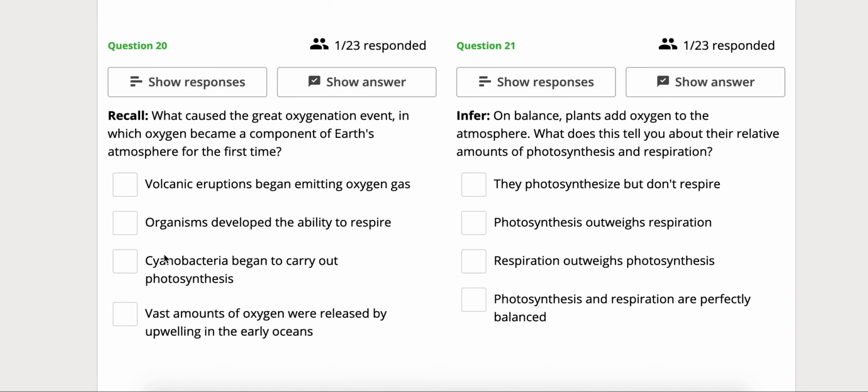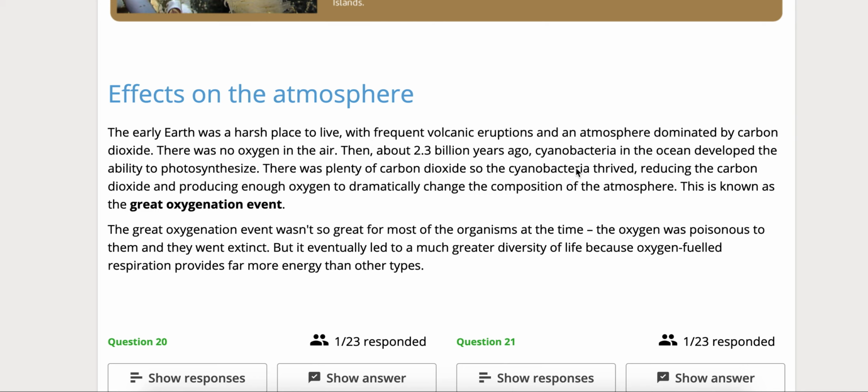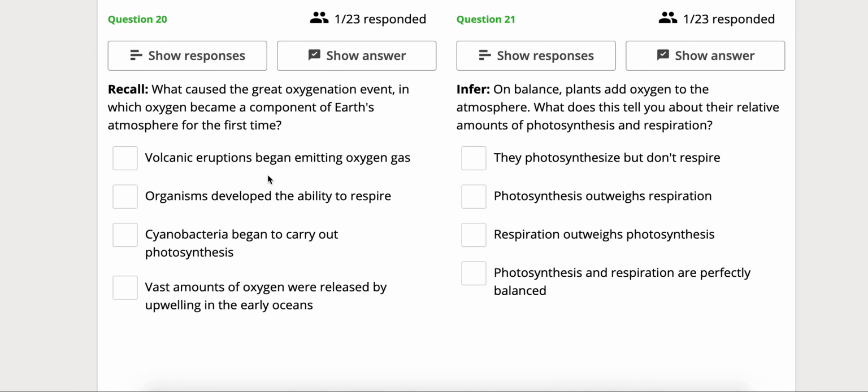Given the four options that we have here, plus this first paragraph, it tells us right in the middle, about 2.3 billion years ago, cyanobacteria in the ocean developed the ability to photosynthesize. That one line I've just read out relates directly to one of these four options. Pause this video and go ahead and select which one you think that relates to.